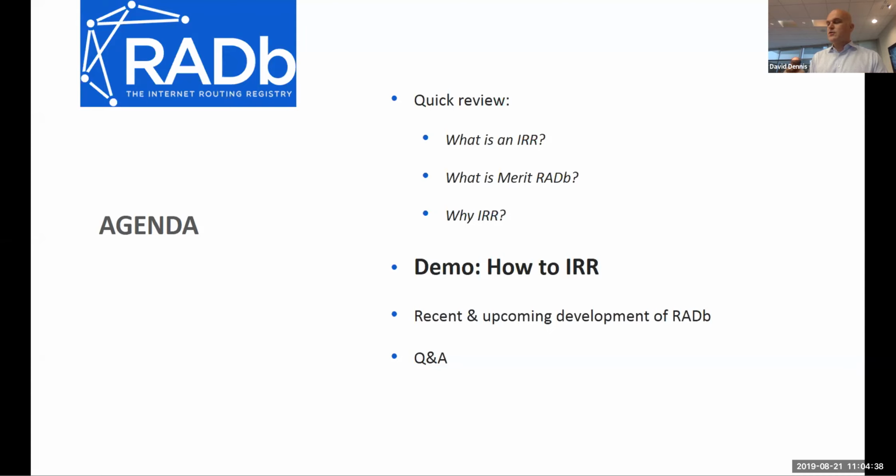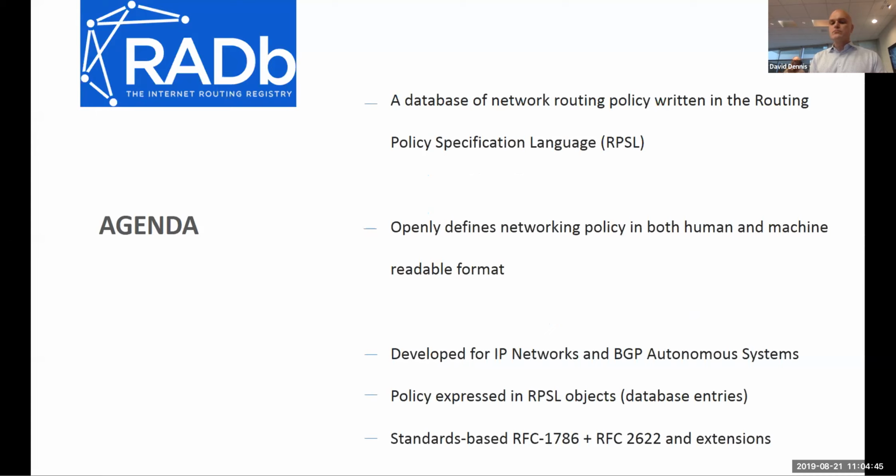So right now I'm going to turn it over to Mitchell to talk about some of the IRR concepts. The Internet Routing Registry is a loosely federated system to database and share network routing policy written in the Routing Policy Specification Language. RPSL is an open standard for defining network policy in both a human and machine readable format.